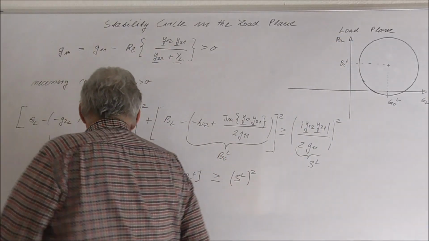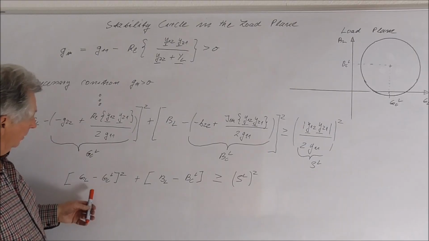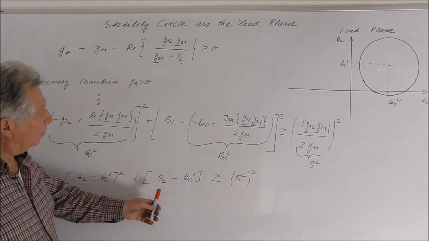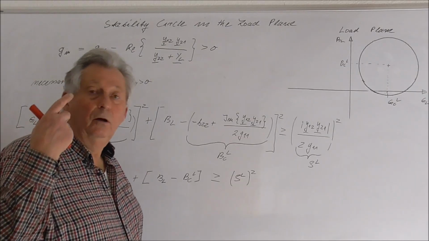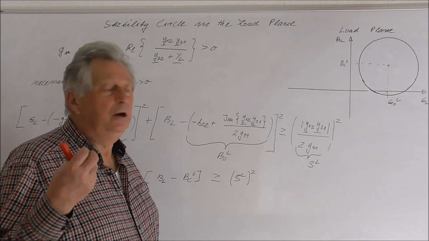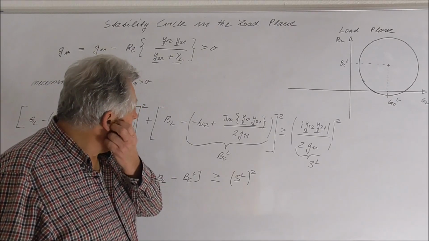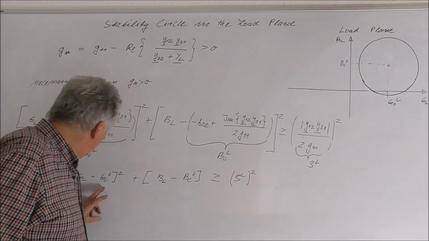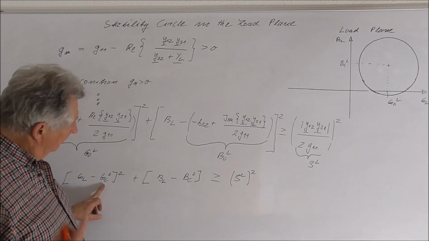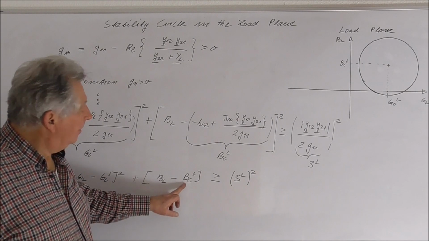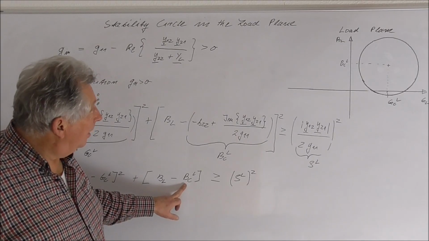So in principle we have x squared plus y squared is r squared. This would normally be the equation for a circle, and now this circle is shifted by this value in the x direction, and by this value in the y direction.